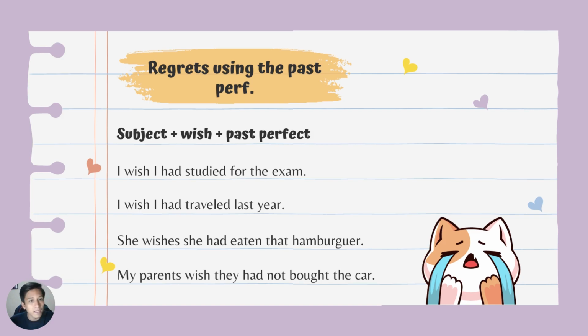It means that I didn't travel last year. I would have liked to do that. She wishes she had eaten that hamburger. My parents wish they had not bought the car. Again, it means that they, in fact, bought the car and it's something they regret.